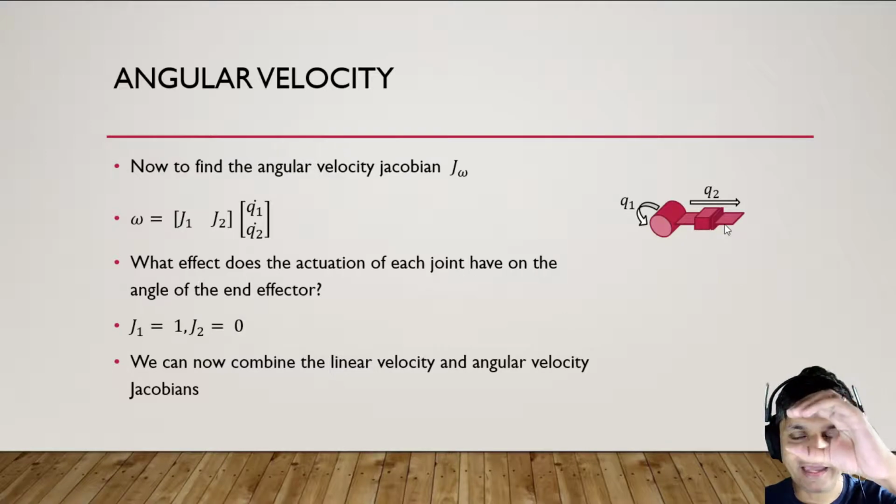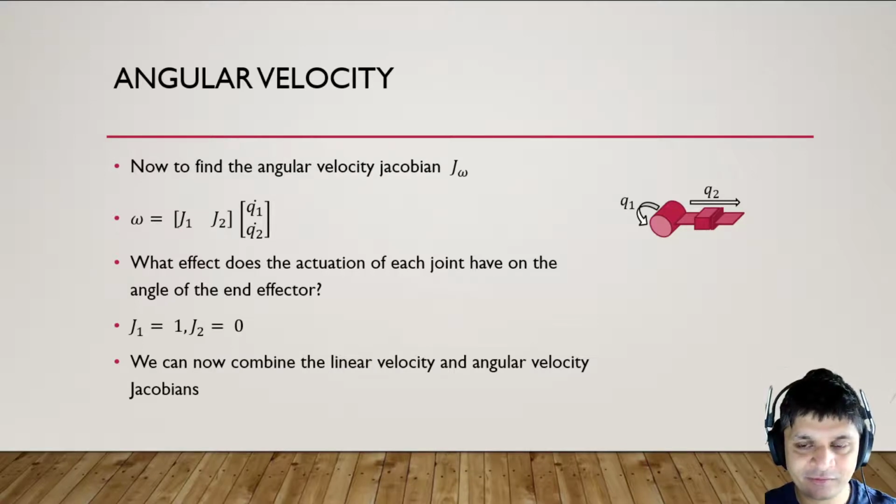So if I've got basically a hand like this, and there's some rotation that's been applied in the past, now if I extend or retract, what's happening to the orientation of the end effector? Well, nothing. Which is kind of cool, because it means that if we've got a prismatic joint, the angular velocity Jacobian is just 0.